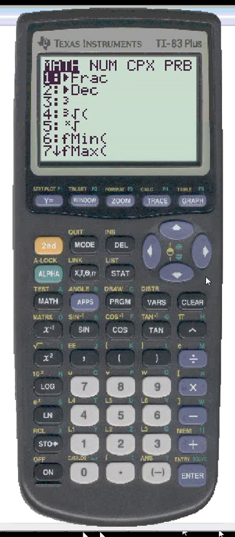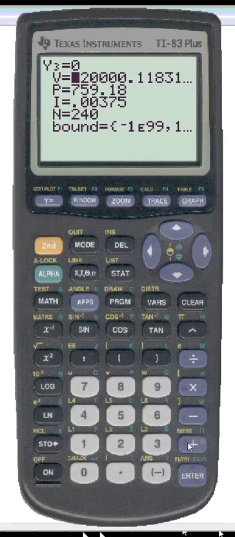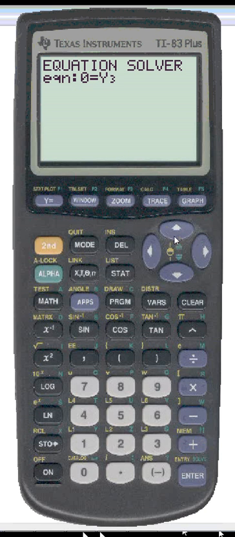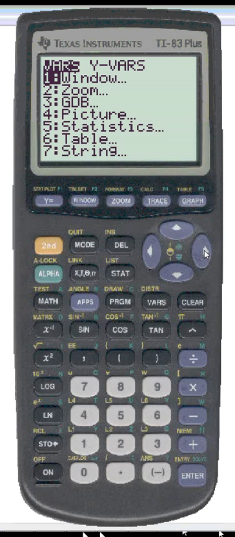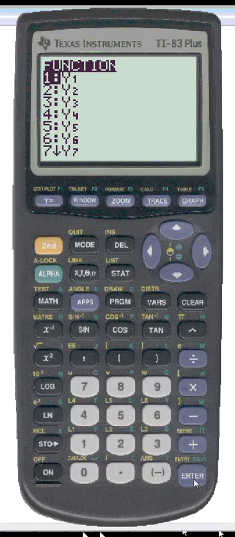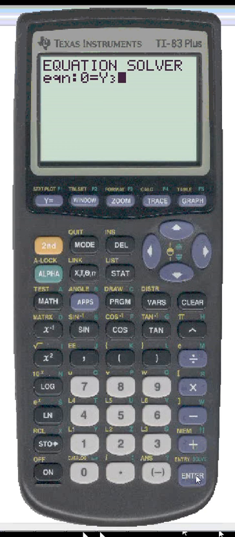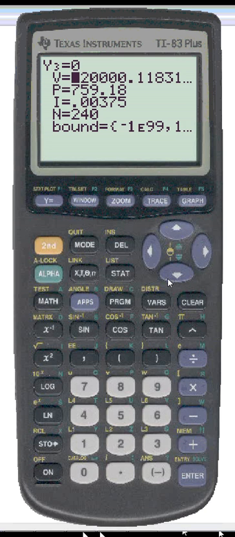Then when you go to solver, you just up arrow to the equation equals, and depending on what your problem is, you go to vars, y-vars, function, and pick the function that you want for periodic compounding, future value, present value. When you down arrow, it gives you the variables you want.